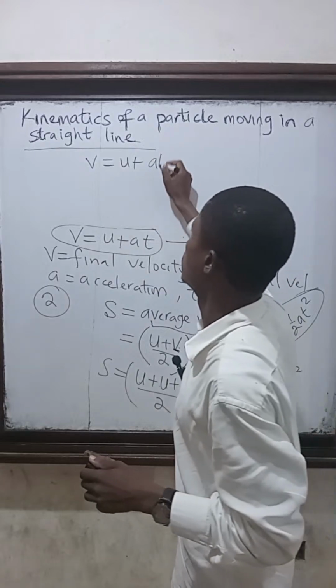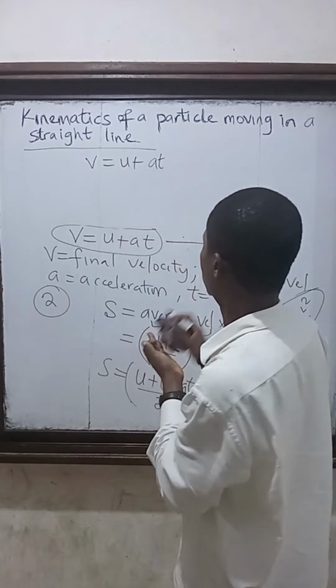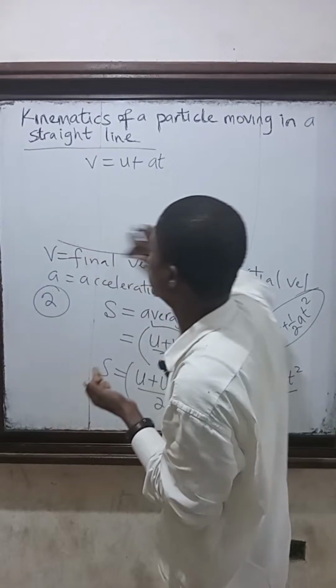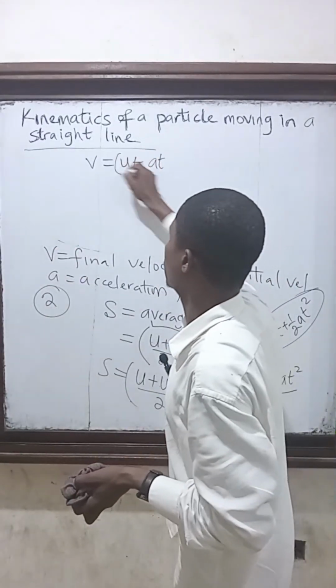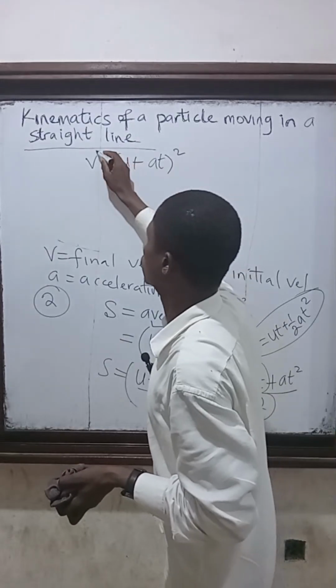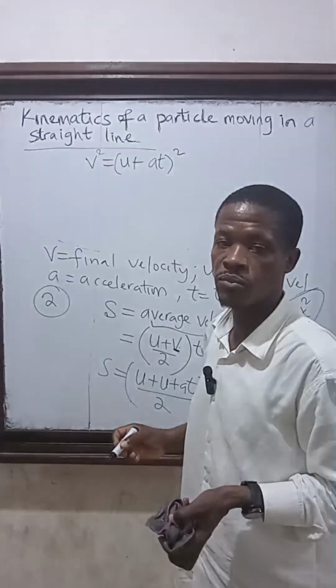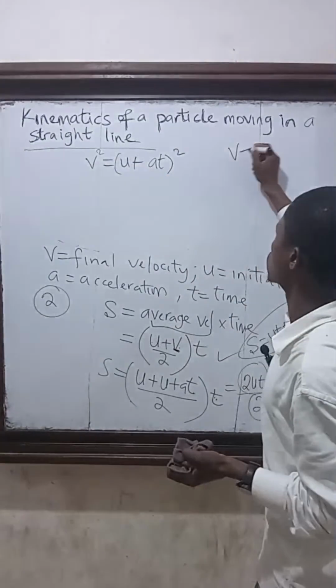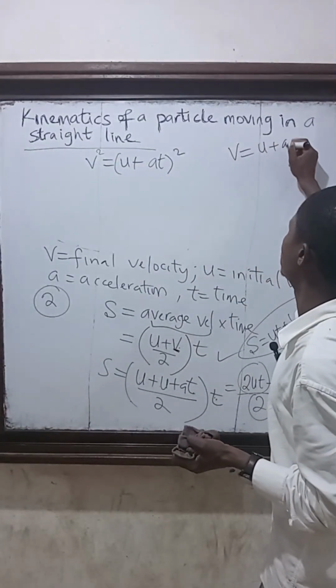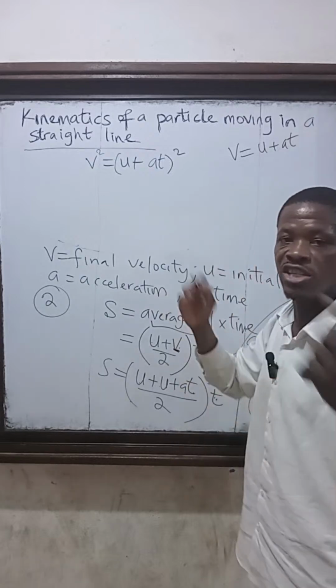To get another equation, how do we do that? Square both sides of the equation v equal to u plus at.